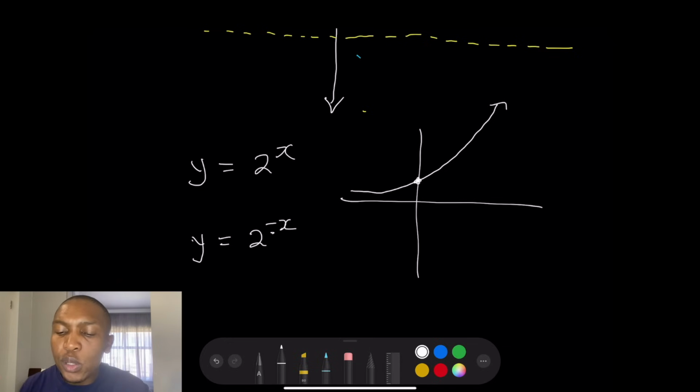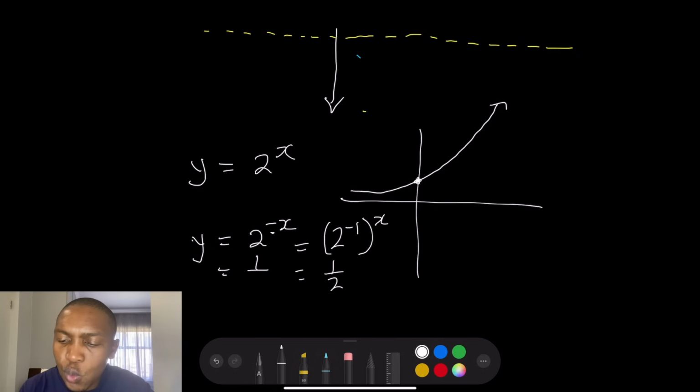Please note that once I do that, 2^(-x) is the same as saying (2^(-1))^x, which is the same as (1/2)^x.